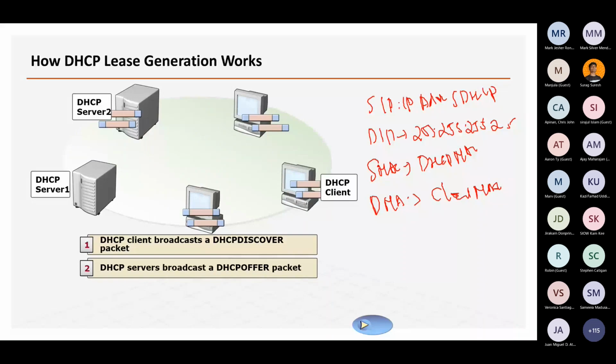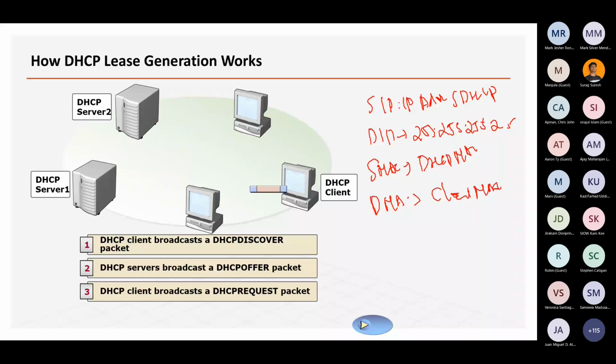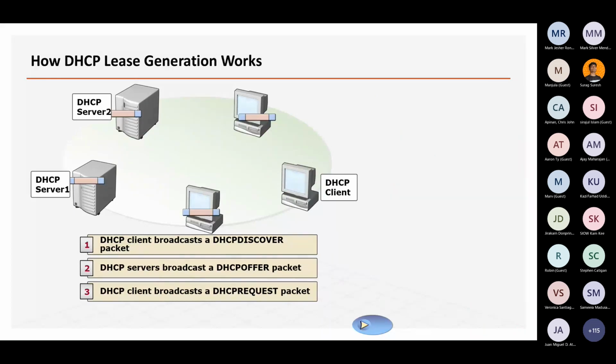Okay. Now, the first two transactions are over. We got an IP address offer. We understood who is responsible for giving it. Now the client will again send a request, saying, thank you DHCP server for responding to my request.